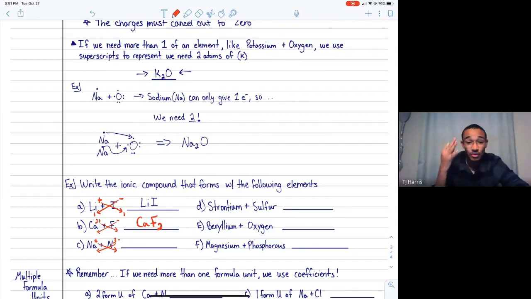That means I need 3 sodiums for every 1 nitrogen. Na3N1. Done. If you know the charges, draw your arrows to tell you what the opposite atom's subscript should be. This 3 came from the -3 up here. That told me I need 3 of the opposite atom and 1 of nitrogen.